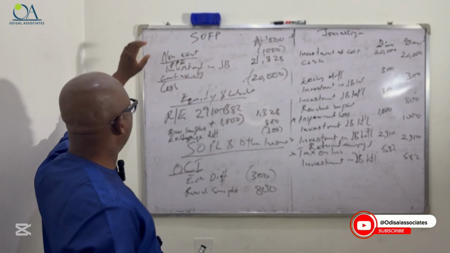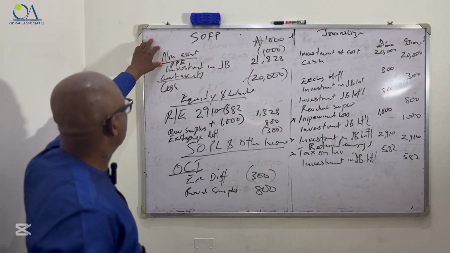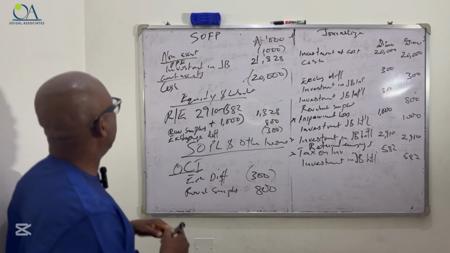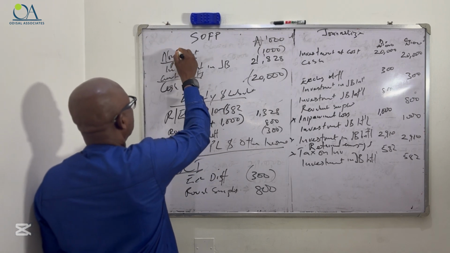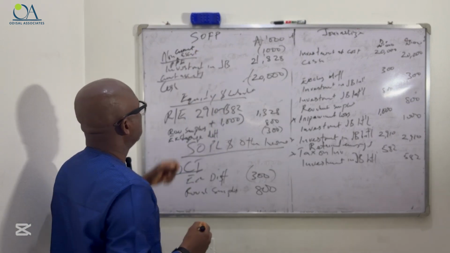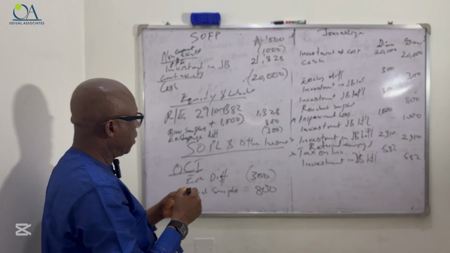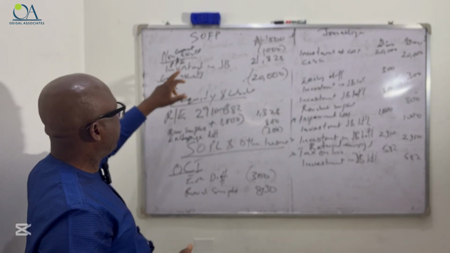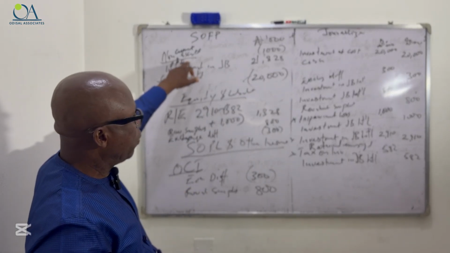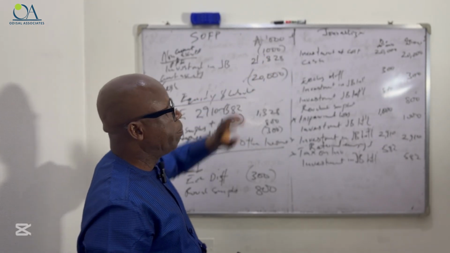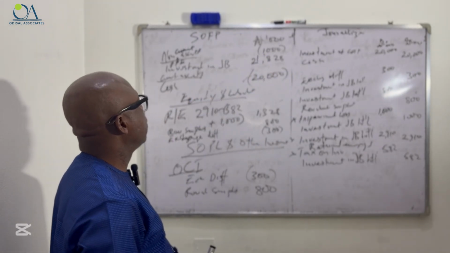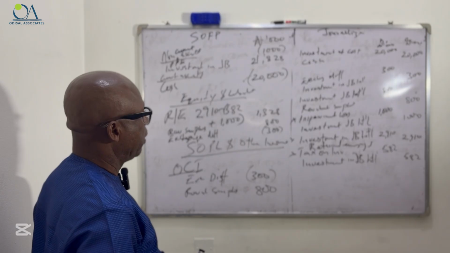The extract will be non-current assets. We'll have the PPE reduced by the impairment, 1 million naira.